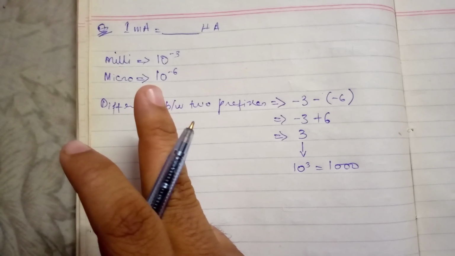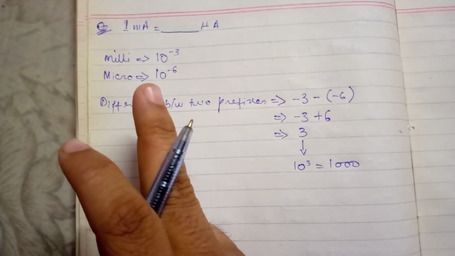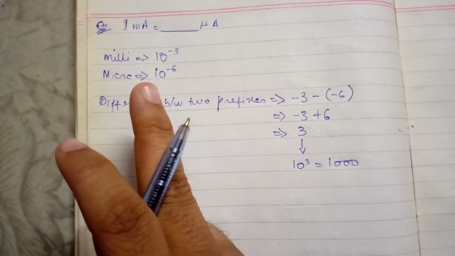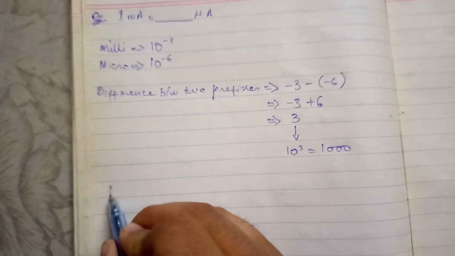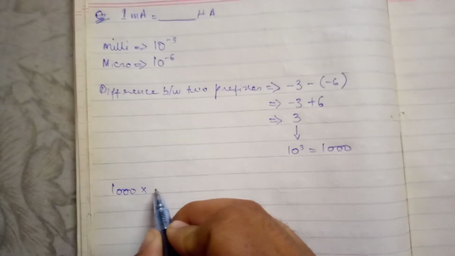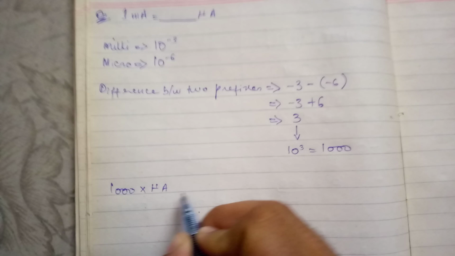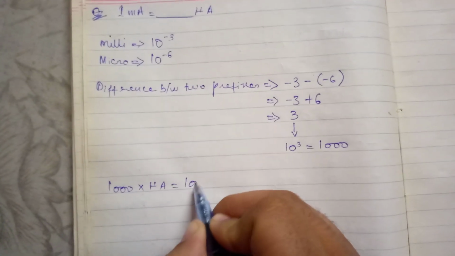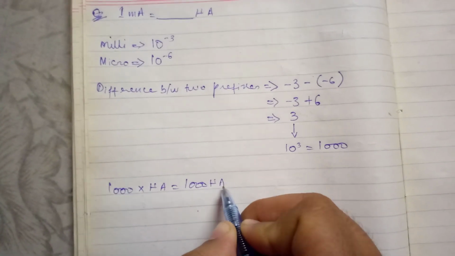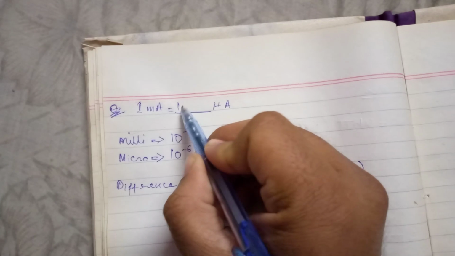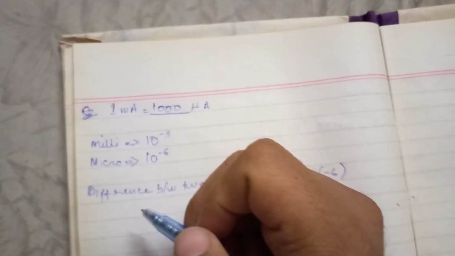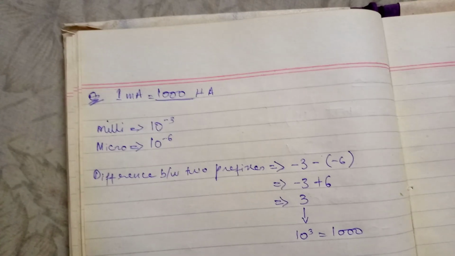So we have to multiply 1000 with microampere. 1000 multiplied by microampere, so the answer is 1000 microampere. So 1 milliampere is equal to 1000 microampere. Thank you.